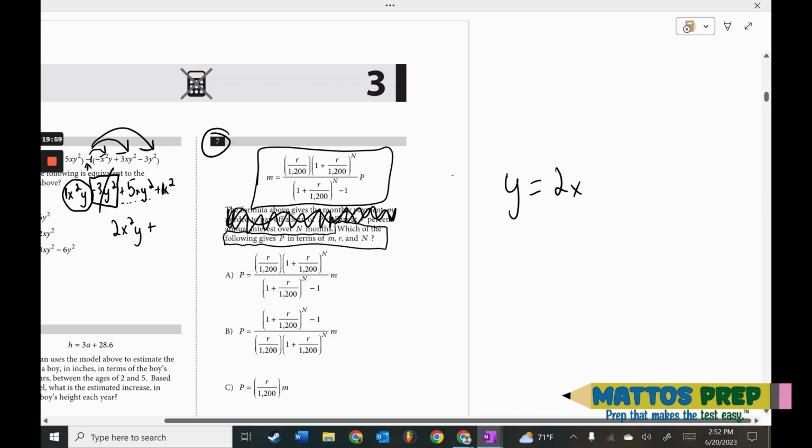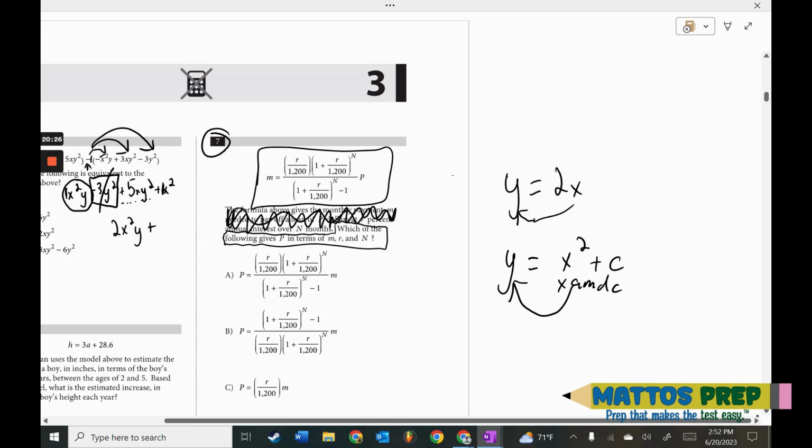This equation gives y in terms of x because y is alone. If it was y equals x squared plus c, you're giving y in terms of x and c because y is alone.